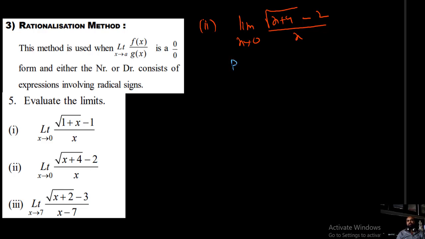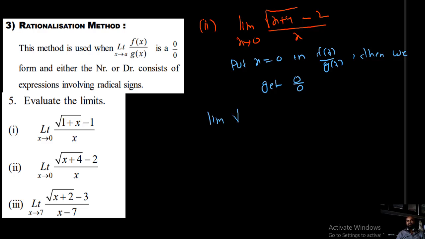Same, put x equal to 0 in the given function, which is in the form of f of x by g of x, then we get 0 by 0.